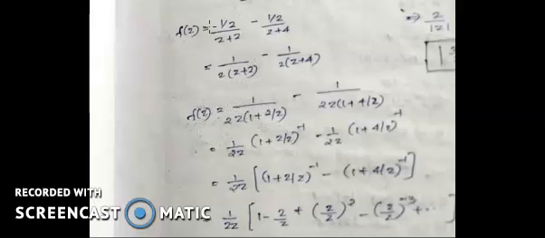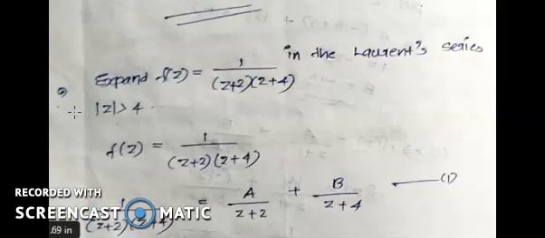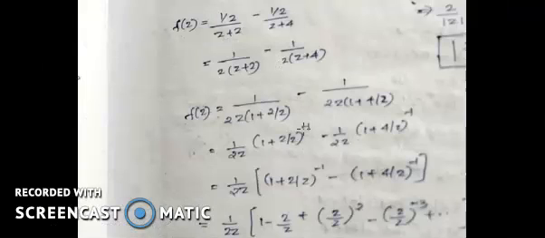So whenever we have the condition as greater than a constant, here mod z is greater than 4, you take the variable outside. Here the variable is z. Within this bracket you have to take z outside when mod z is greater than constant. Taking z outside, 1 plus 2 by z.